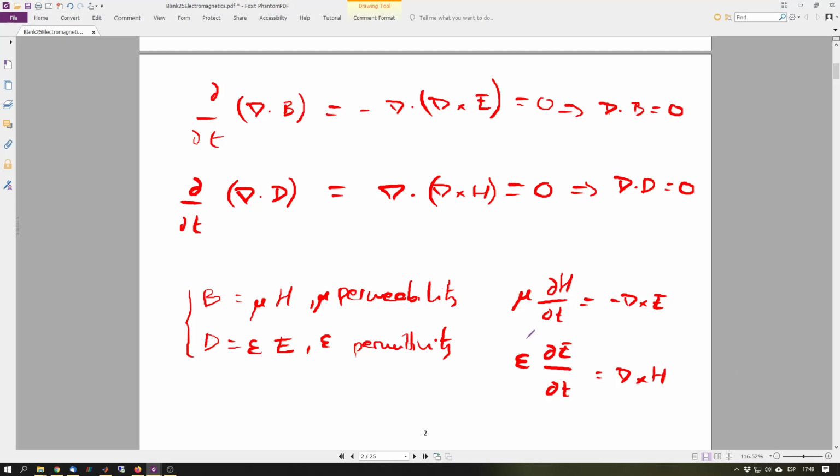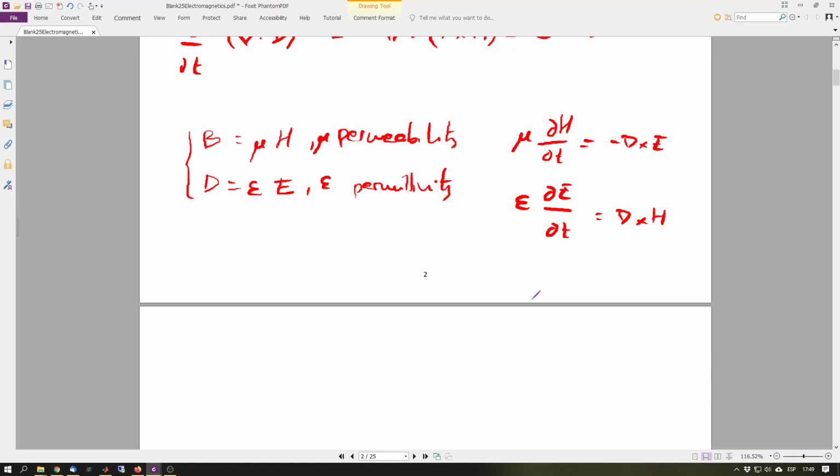We mentioned that these have a wave character, where we should have a velocity given by the product of these two constants. One way of obtaining the wave character of the equations: we have time derivatives and also spatial derivatives in here.